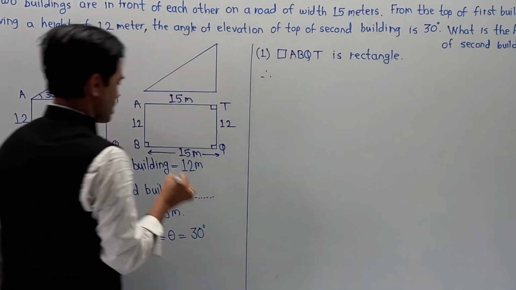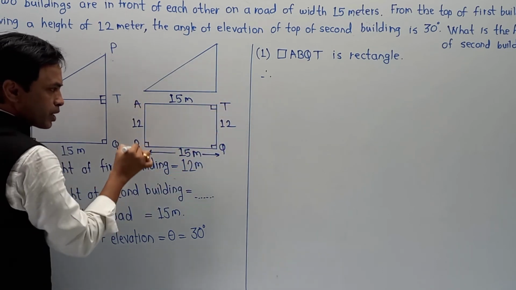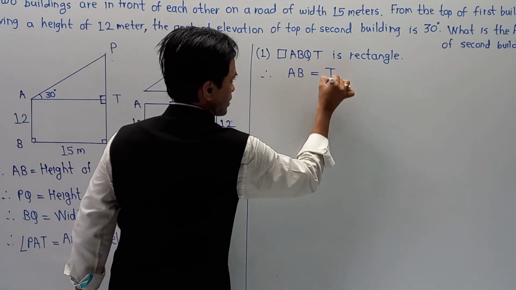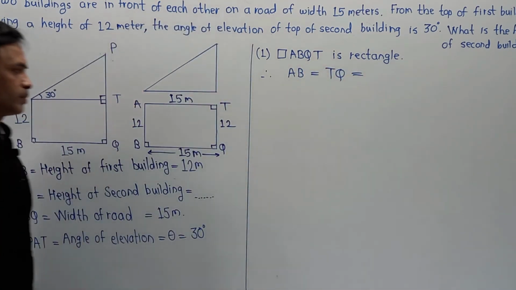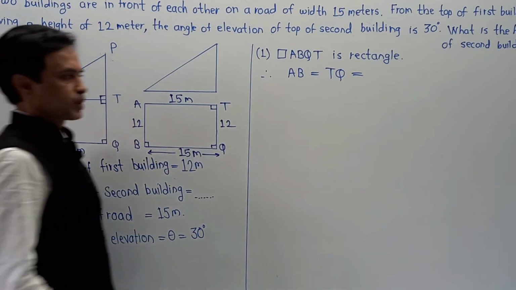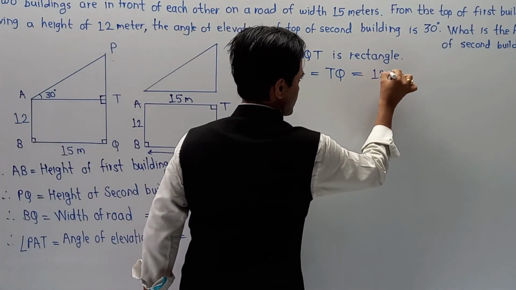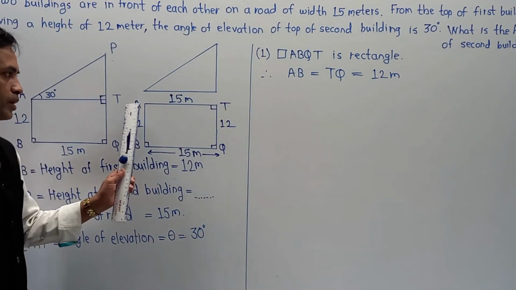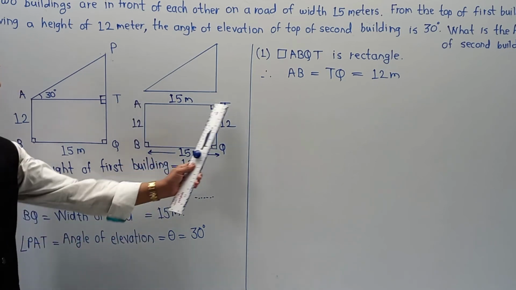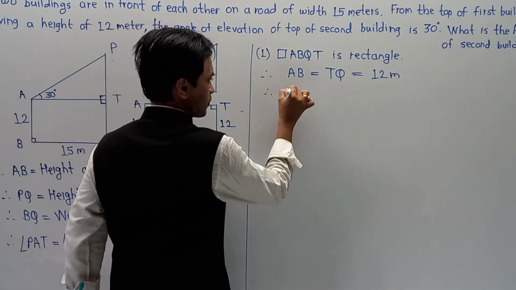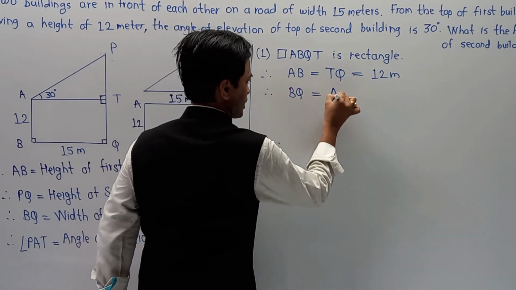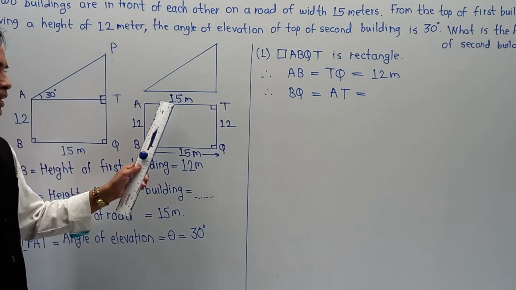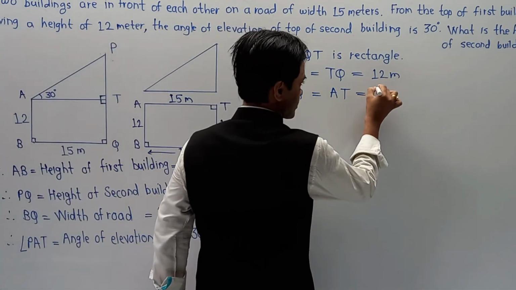Therefore AB equal to TQ, which is 12 meters. Next, BQ equal to AT, that is 15 meters.